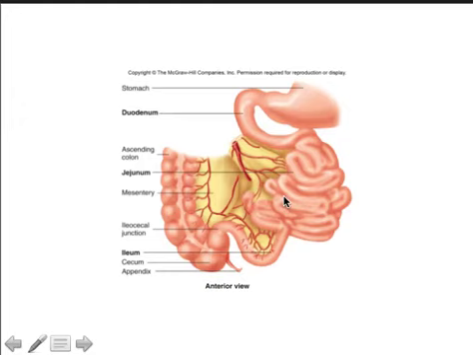You can see again the contrast between the small intestine that has the inner circular and outer longitudinal muscular layers with the simple taenia coli that dominates the large intestine. Here in the ascending colon, and down here in the cecum, and there's of course your appendix again.